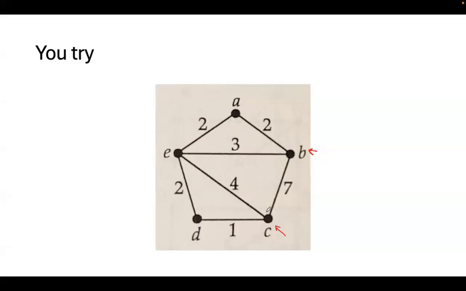Is there a faster one? Something like B, E, D, C, 3, 5. Oh wait, yeah, you're right. That is 6. Anyone find a faster one? Is that it? Cool.